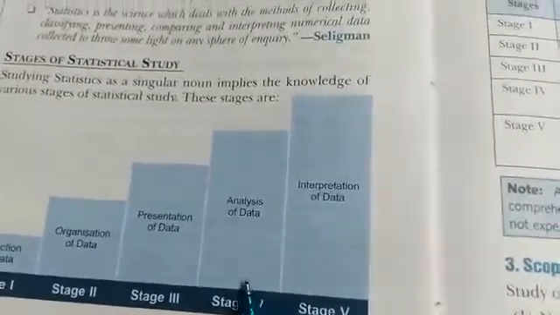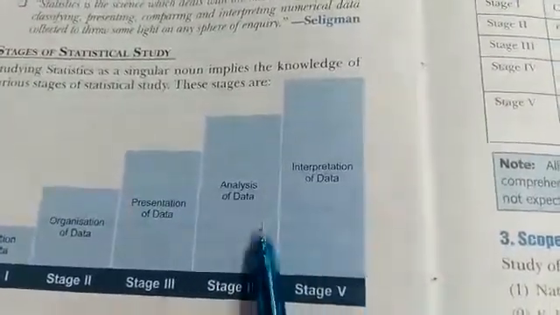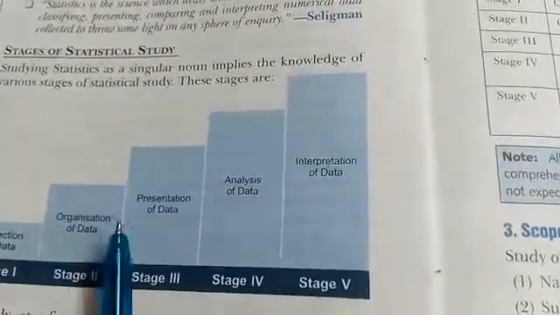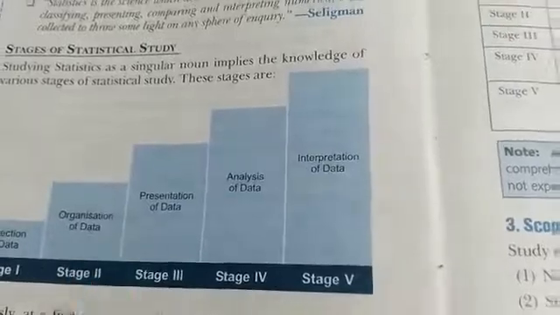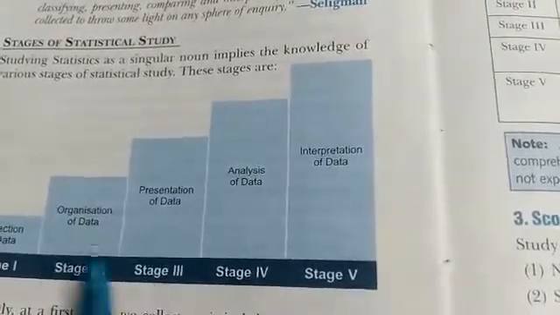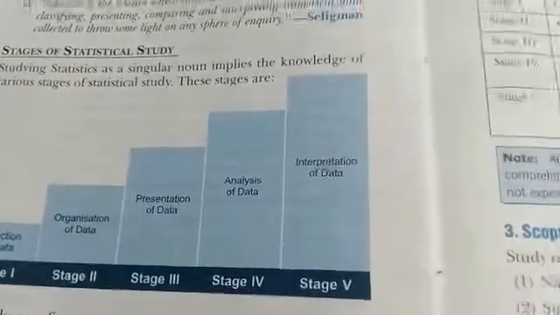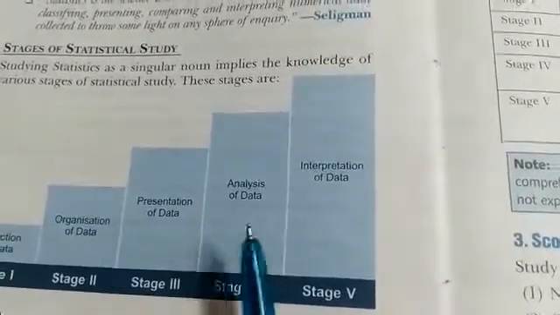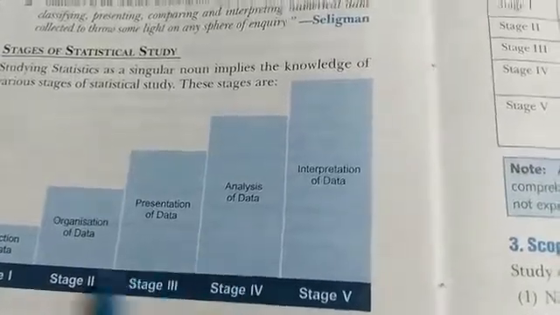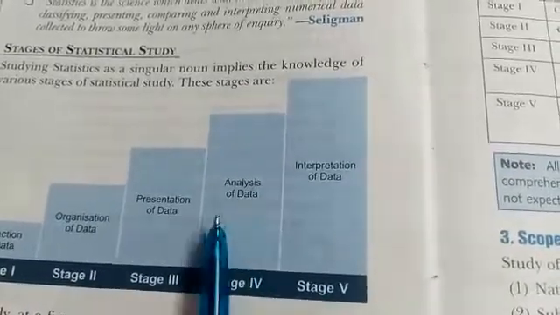Then comes the 4th stage, that is analysis of data. That means you have collected the data, you have organized it systematically, then you have presented it in the short form, either in the tabular or in the graph, bar graph, histogram, etc., or in pie chart. After that you need to analyze. We can see the bars and we can compare.